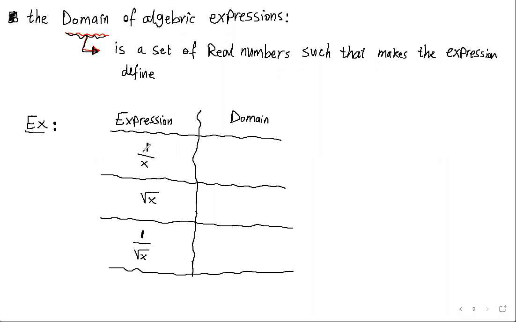Can you plug zeros? Can you plug positive numbers here? Like 1 over 1, 1 over 2, 1 over 3, 1 over 4, 1 over 5. It's accepted to plug any positive numbers in this expression. Yes, I can. Why? Because if I plug any positive number here, it will stay defined.